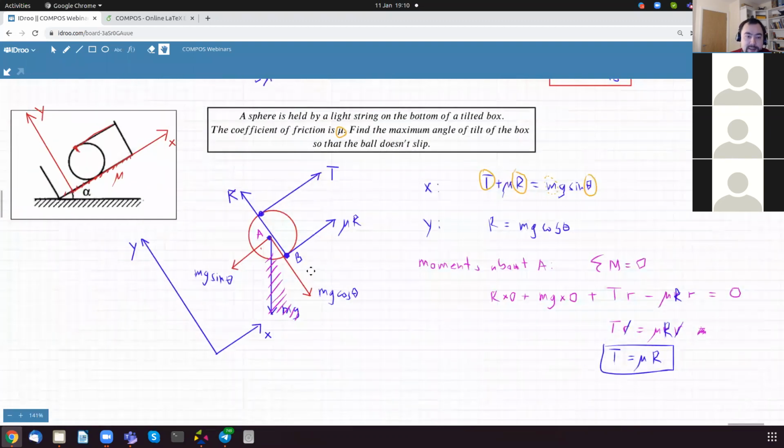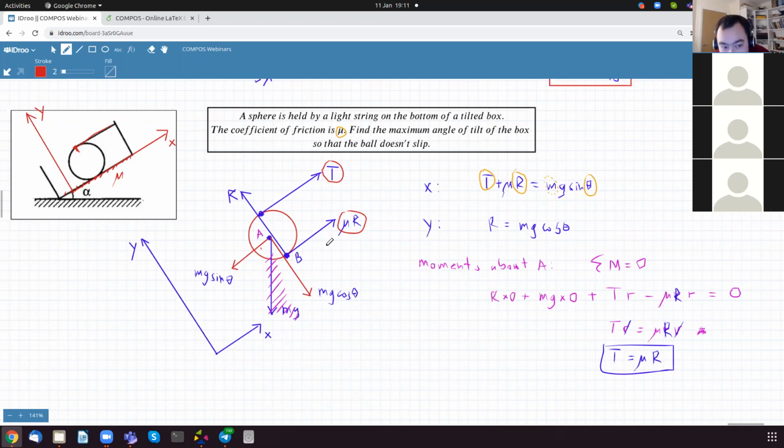Oh, that's an interesting turn of events. T is equal to mu R. And if you think about it, it has to be true, because if they were not equal, the ball would be spinning, as there are no other forces that can cause it to spin. Mg cannot cause the ball to spin because mg is applied at the center. You can't spin a ball by applying a force at the center; you have to apply a force offset from the center.